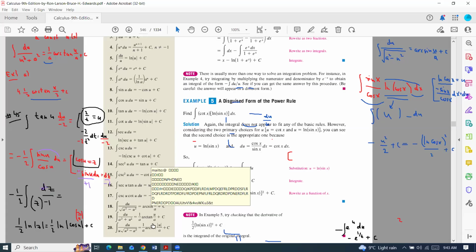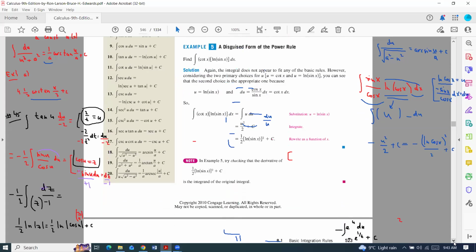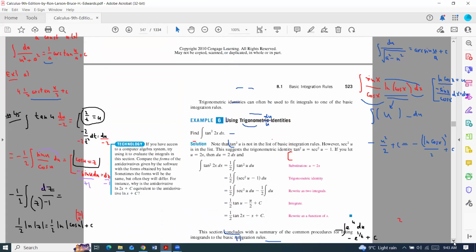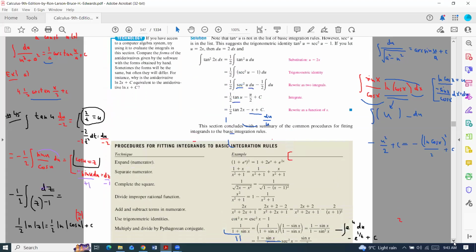But there is no need. That's why there will never be arccosine. And the same with arctangent, because tangent is 1 over cotangent, so we always use just arctangent. Don't worry about arccotangent, but technically, again, you could rewrite it using some trig identities. And yes, that's pretty much all this section is talking about.